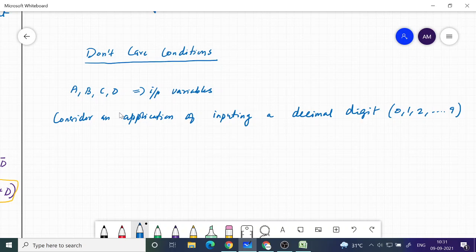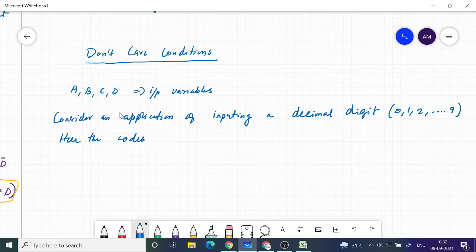So until then we have clarity, but we are never using these 6 combinations anytime, because there is no decimal digit which can be given as input that will use those codes. Such conditions are called don't care conditions.